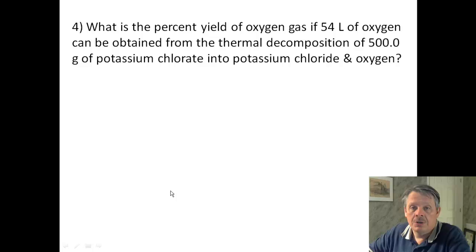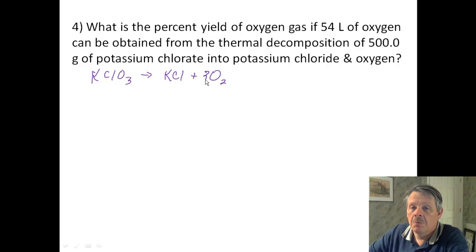So what is the percent yield of oxygen gas if 54 liters of oxygen can be obtained? Notice oxygen is going to be a product from the thermal decomposition of potassium chlorate. Oh, we just had this, didn't we? This is potassium chlorate becoming potassium chloride and oxygen.